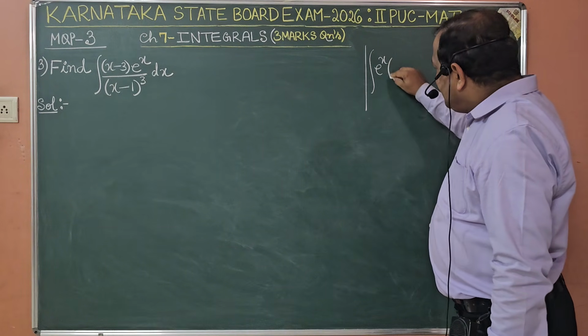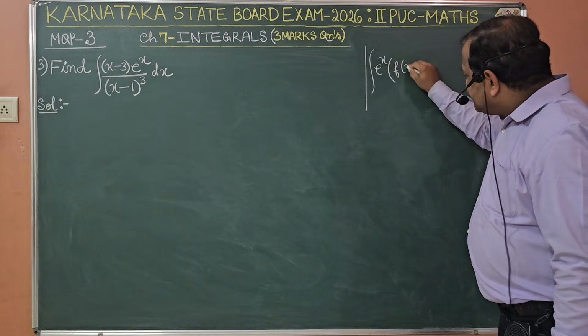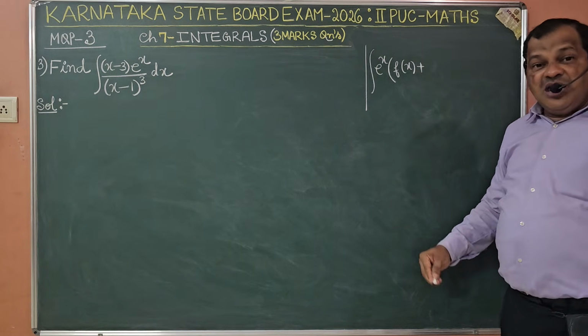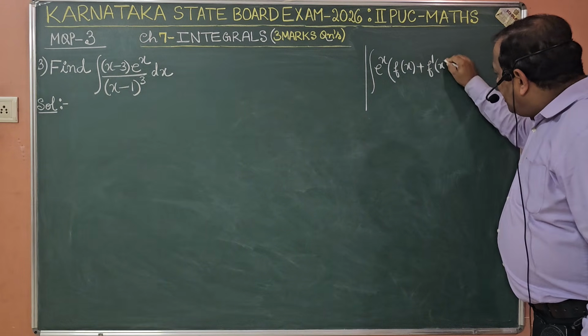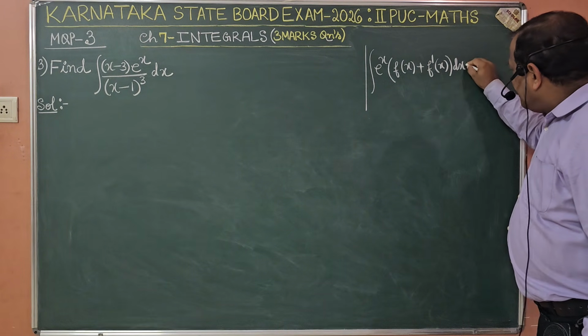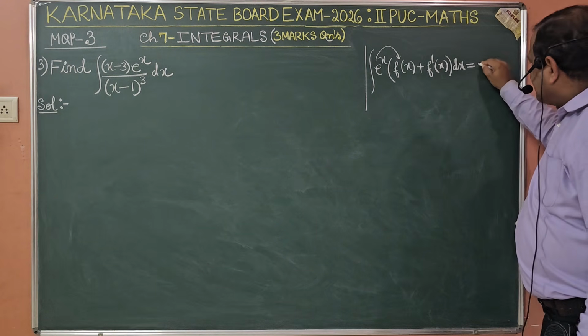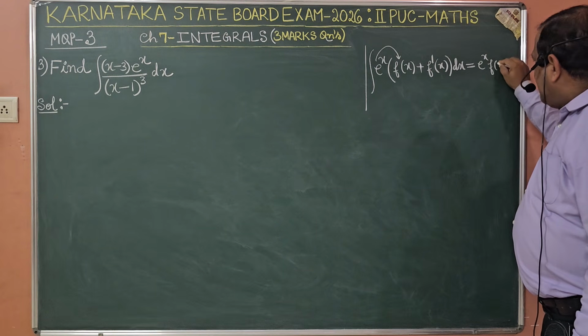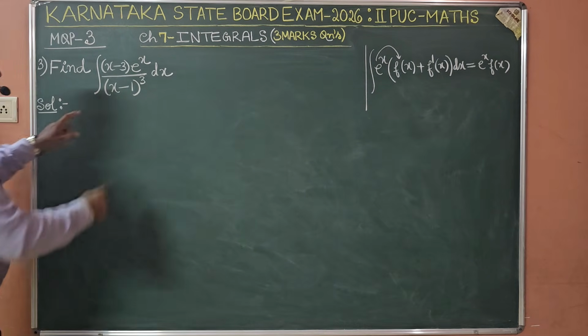The integration of anything of this type, e power x into f of x plus f dash x, its differentiation, dx, then the answer is e power x into f of x plus c.